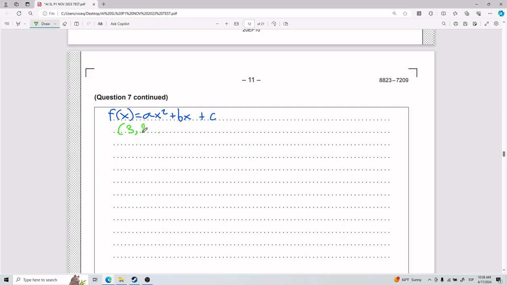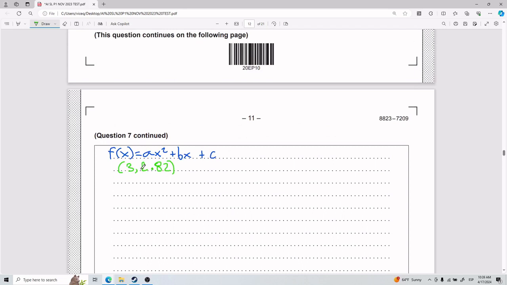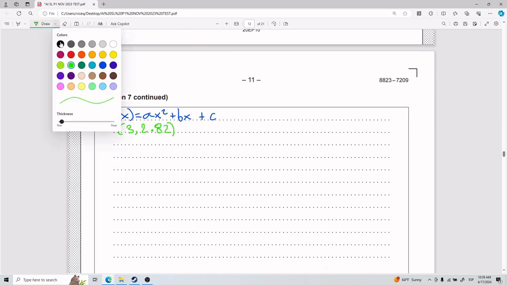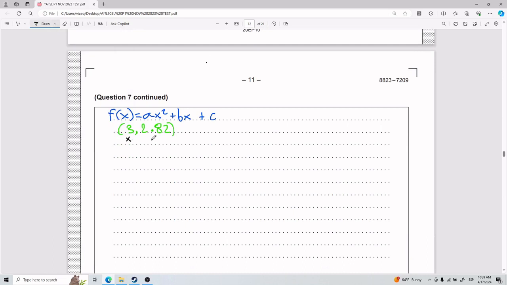If you go ahead and plug this point into the quadratic function, let's remember that this 3 is x and this 2.82 is y. And let's remember that f of x is the same as saying that this whole thing is y. That means you will be having 2.82 equals a times 3 squared plus b times 3 plus c.